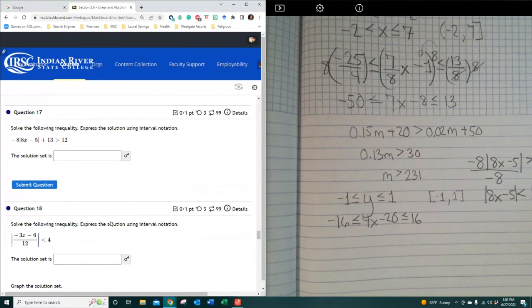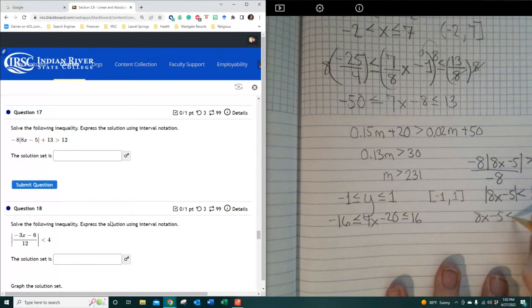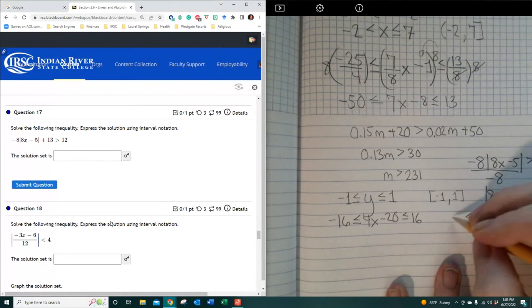Now that we have that, we then set the contents of the absolute value to the other side, as well as the opposite of it.